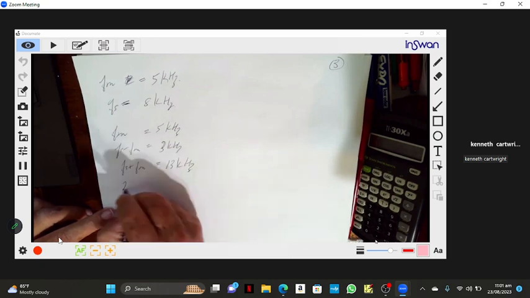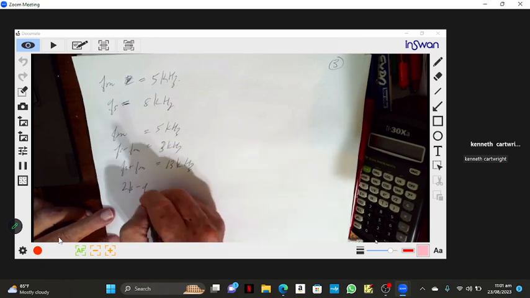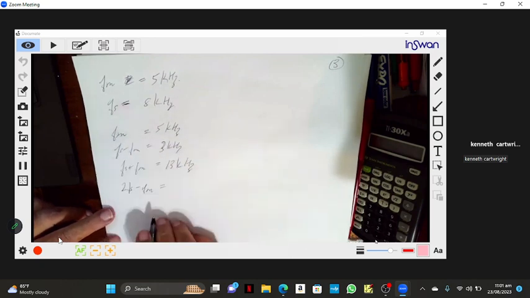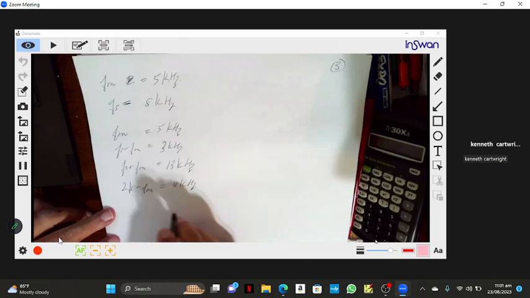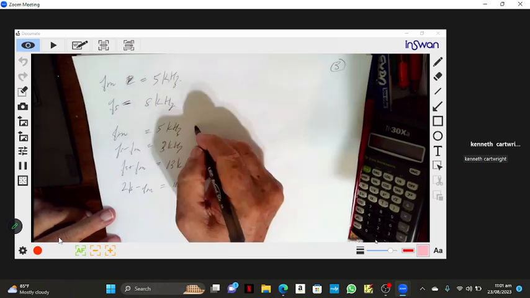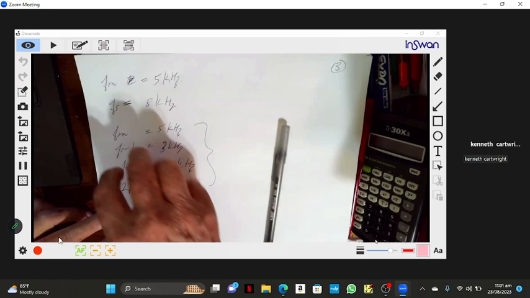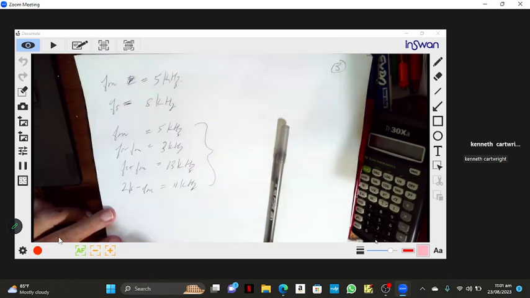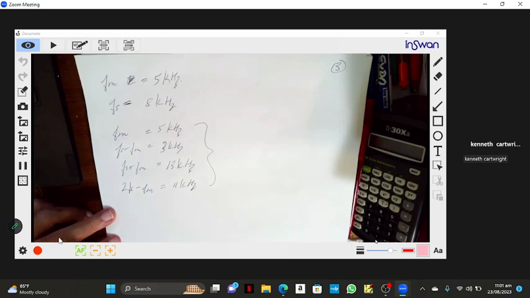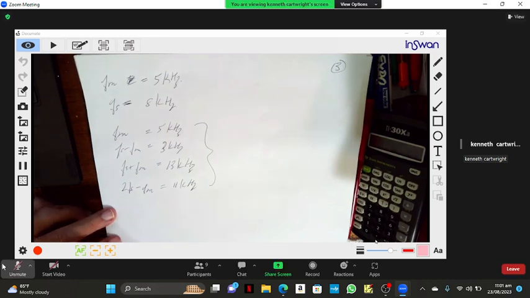So now we're going to pass the sampled signal through a low pass filter. What's the cutoff frequency? What's the cutoff frequency I used in that PSpice experiment?